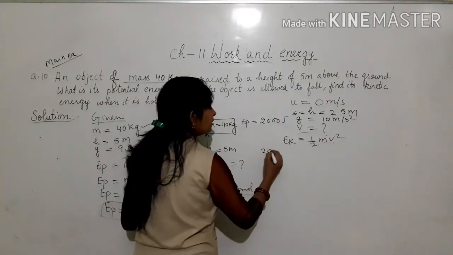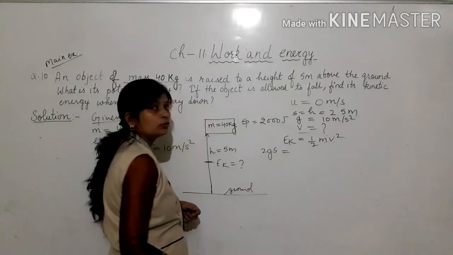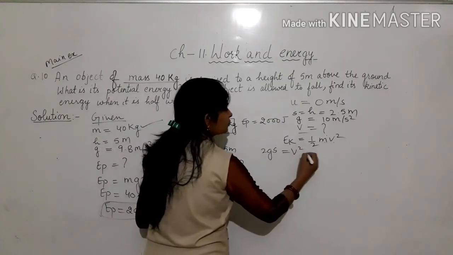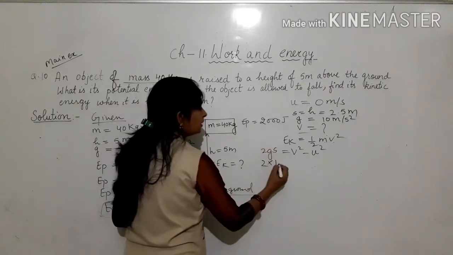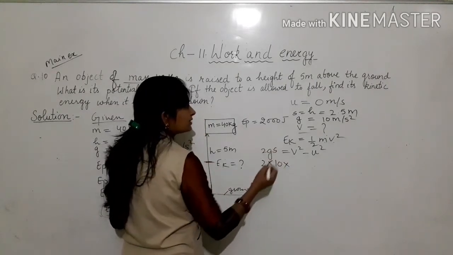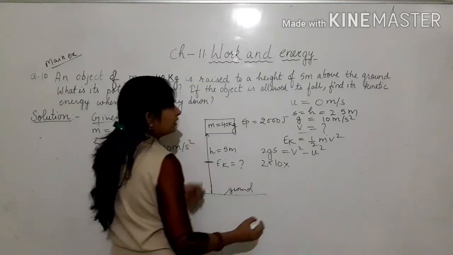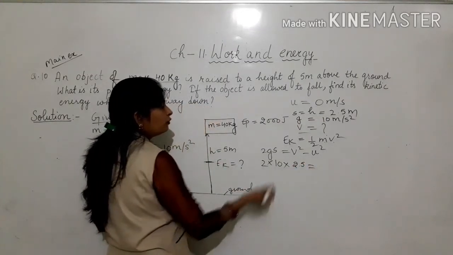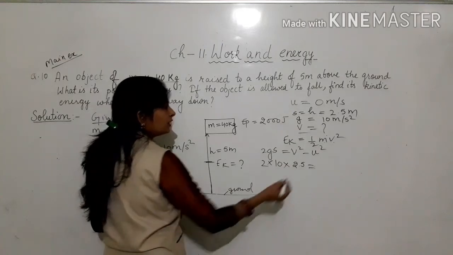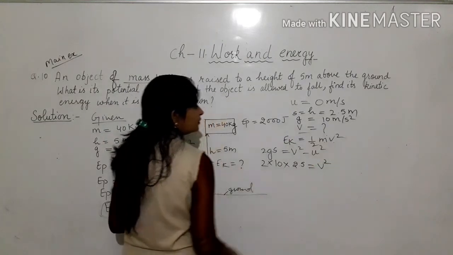By applying the third equation of motion: 2gs is equal to v square minus u square. 2 into g, what is g? 10, into s, what is s at halfway down? 2.5, is equal to v square minus u square, where v we have to calculate.